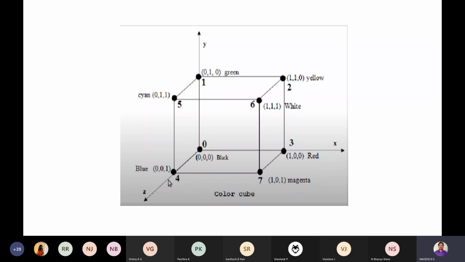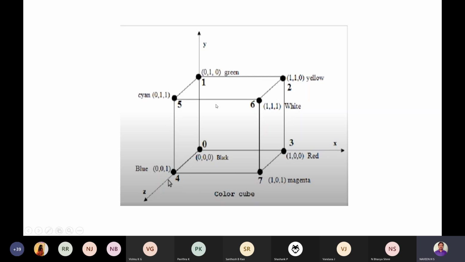For the color cube, 0 indicates black color. You don't need to repeat all these colors because you already know the table we showed in the previous class, the RGB color model. 000 means which color, 001 means which color. It is represented here also. We start with vertex 0, then 1, 2, 3.